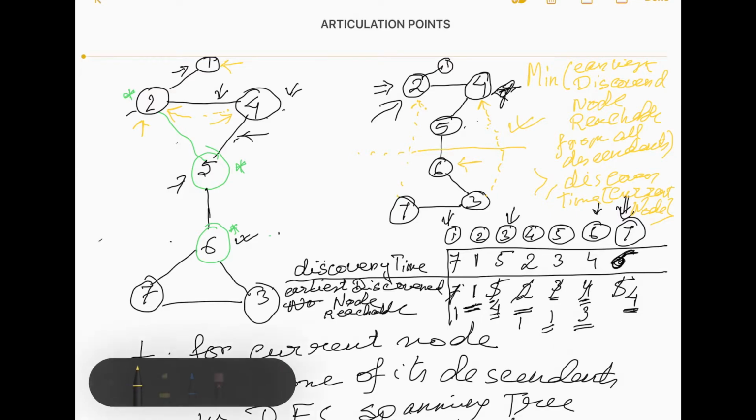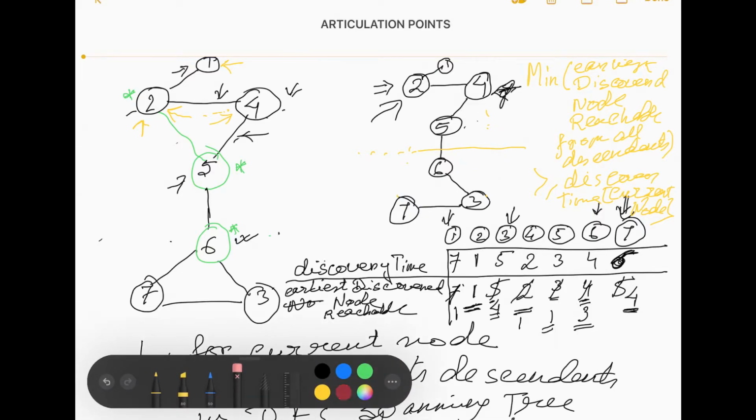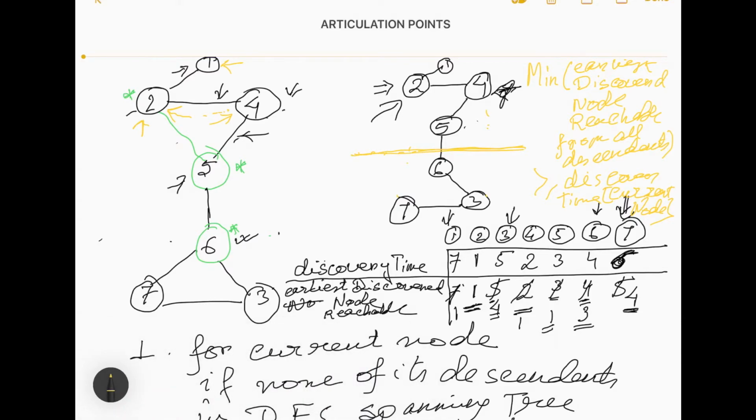So we can actually divide this whole graph into two parts around the current node.